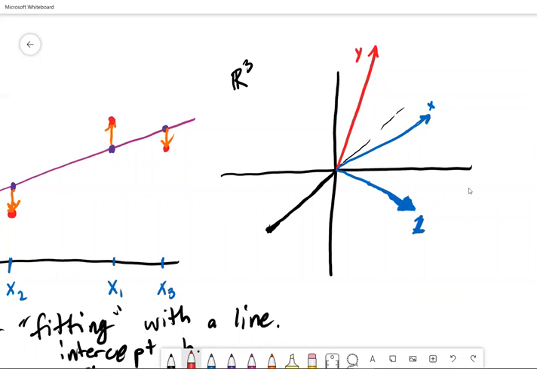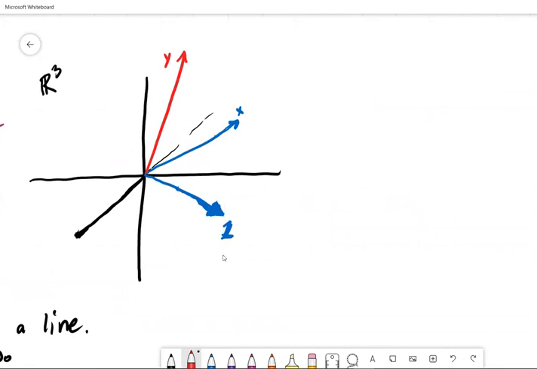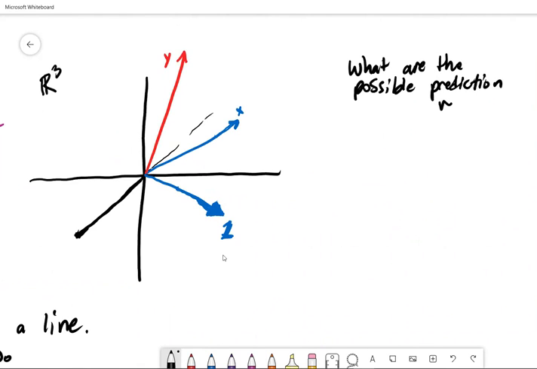So how does that help us? Well, let's think a little more about what the possible values of the prediction vector are. What are the possible prediction vectors?